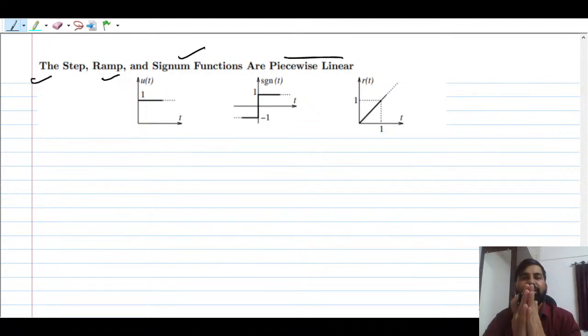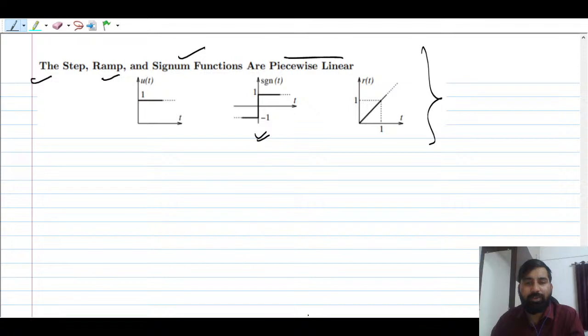Because there are different expressions for different time instants. From minus infinity to 0 it is 0, and from 0 to infinity it is 1. So there are different expressions. This is the signum function you can see here, okay?